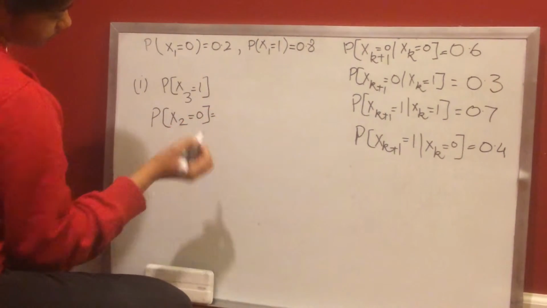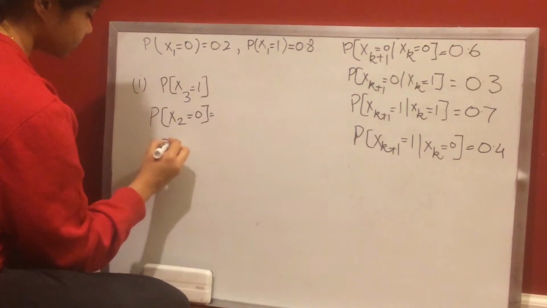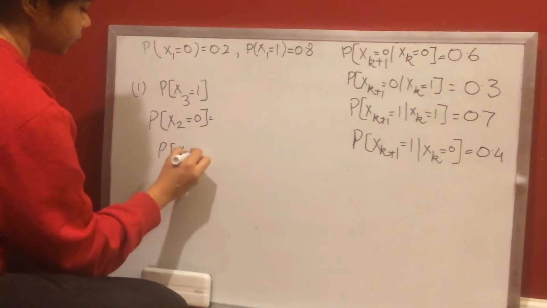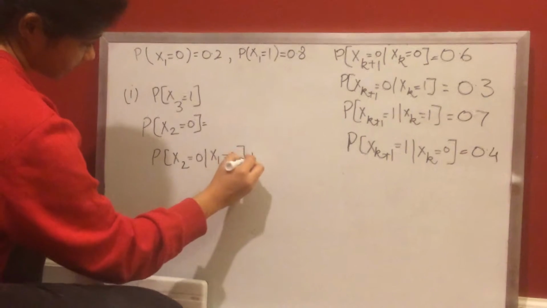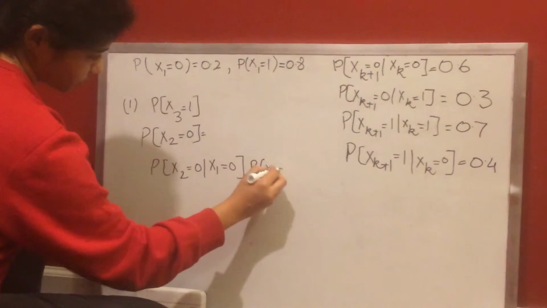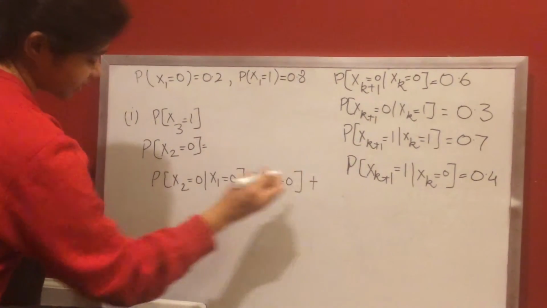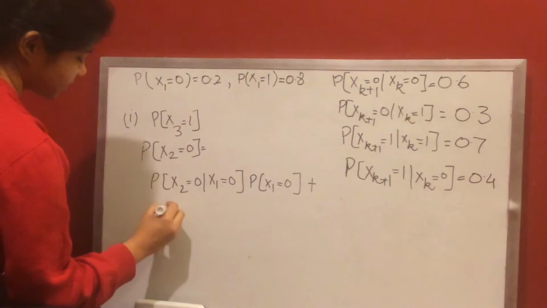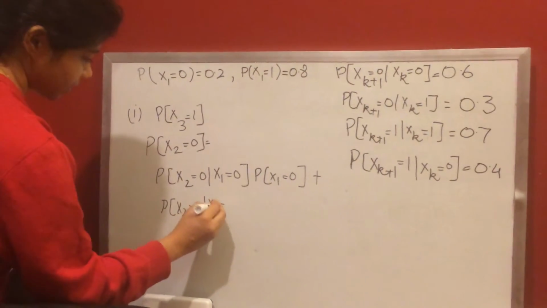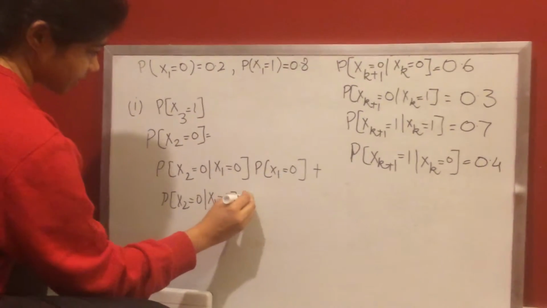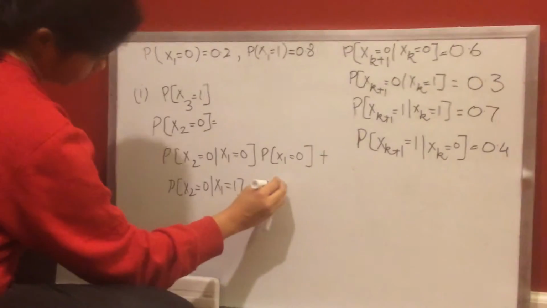Now to find this, I'll use probability of x2 equals 0 given that x1 equals 0 multiplied by probability of x1 equals 0, plus probability of x2 equals 0 given that x1 equals 1 multiplied by probability of x1 equals 1.